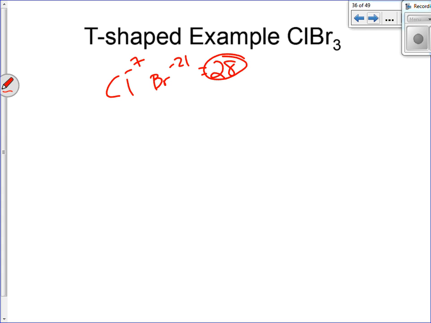Do we have 28 electrons to work with? Yes? No? Better check me, I messed up last time. All right, add your valence electrons. So that's 22 left, right? Chlorine is more or less negative, yeah.